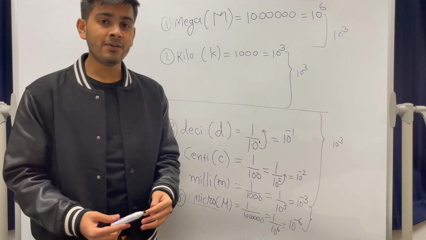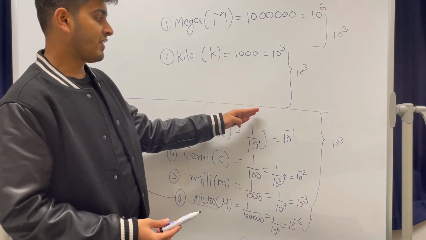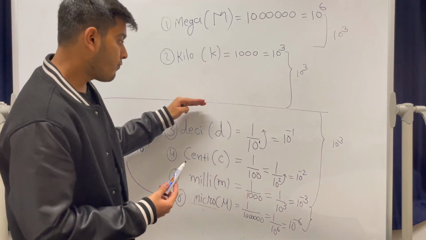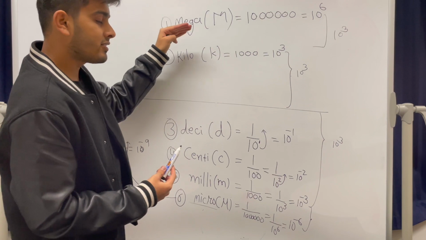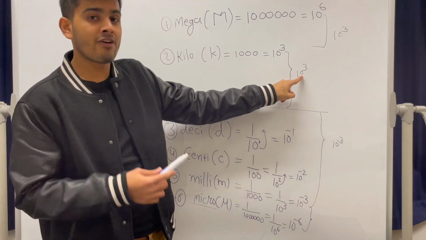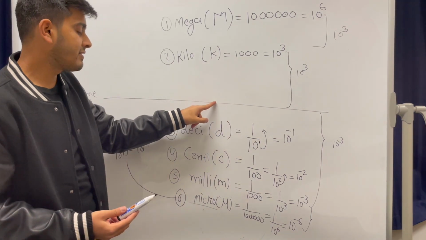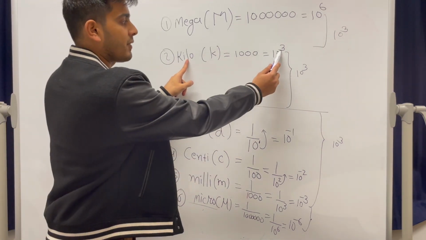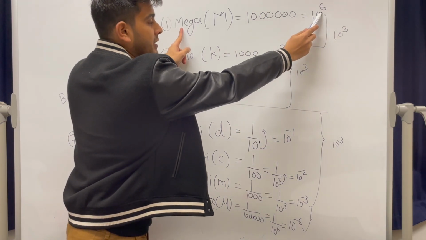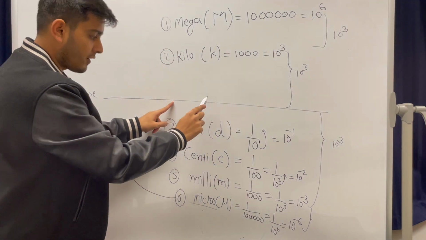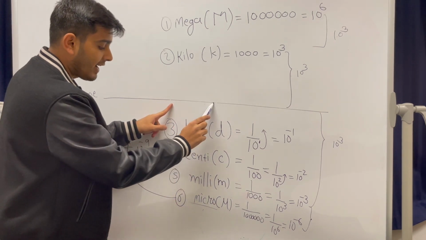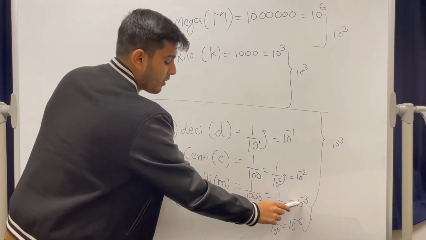So interestingly, in most of the prefixes, there is a difference of 10 power 3. It means if you go from the baseline to the larger side, it will increase by 10 power 3 every time. So if you go from baseline to kilo, it increases by 10 power 3. Again kilo to mega, it increases by 10 power 3, so it will become 6. Likewise, if you go to the smaller units, baseline to milli, 10 power minus 3.